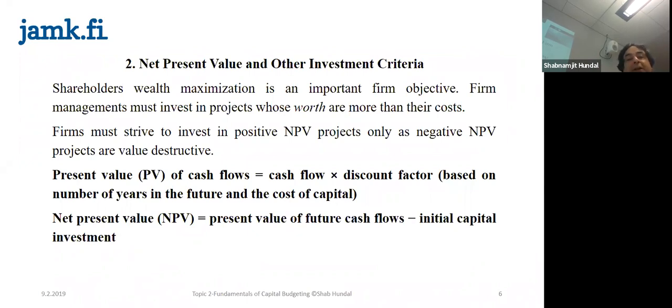First of all, we need to understand that one of the key objectives of a company is shareholders' wealth maximization. This goes back to the discussion we had yesterday, that a company is owned by the principals but controlled by the agents.